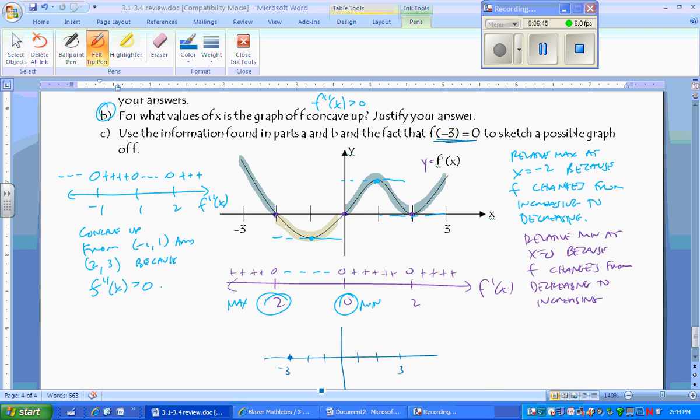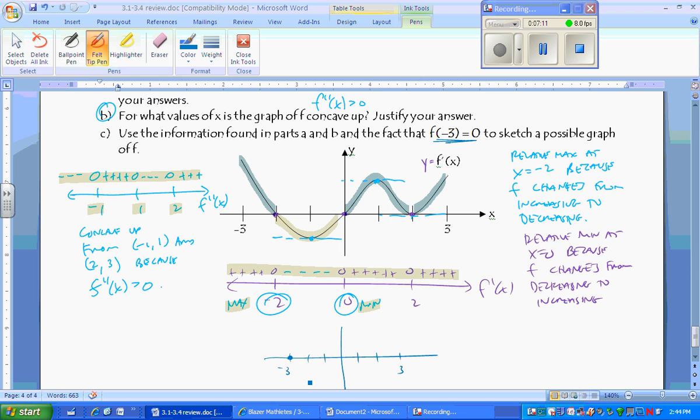We have some freedom as to where we put the y values. As long as our general shape is the same, we're good. So we're using these number lines and all this information, along with where our maximums and minimums are and our inflection points, which would be all three of these, because they're changing from concave up to concave down or vice versa. So we're using all that information to sketch a graph.